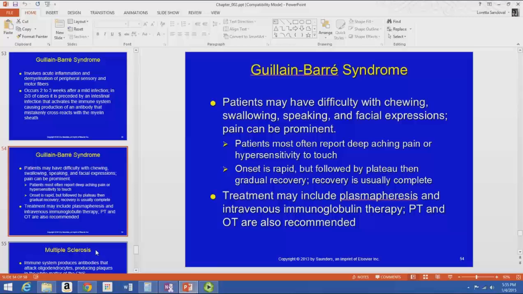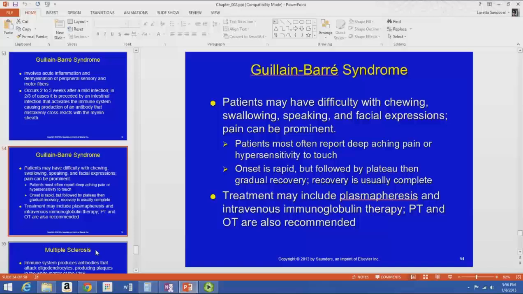While they're in the acute stage, they might have plasmapheresis, which helps remove some of those antibodies from their system, and then they might also get IV immunoglobulin therapy. The immunoglobulins are those antibodies. They are always getting PT and OT during the acute stage, and then they often continue with PT and OT through their recovery.